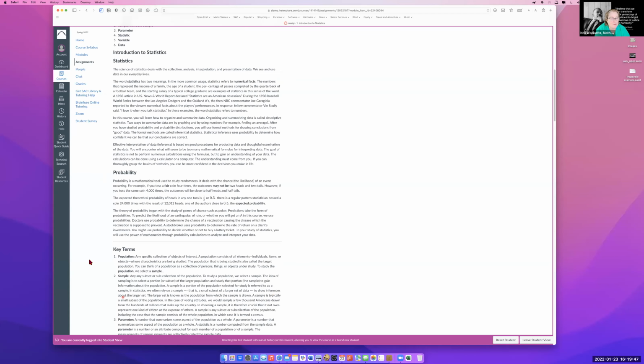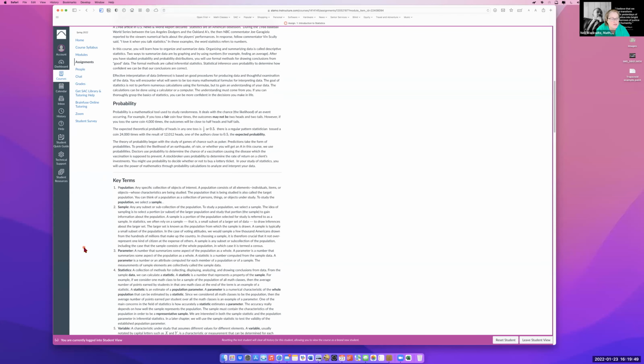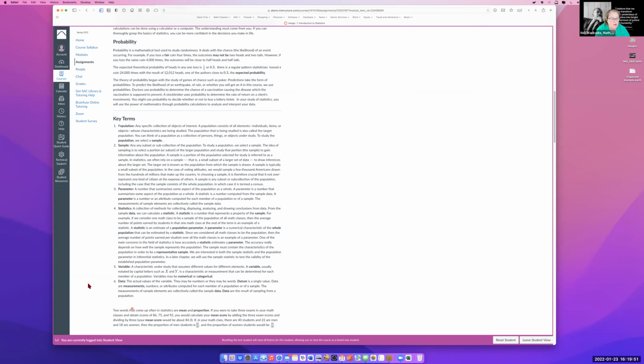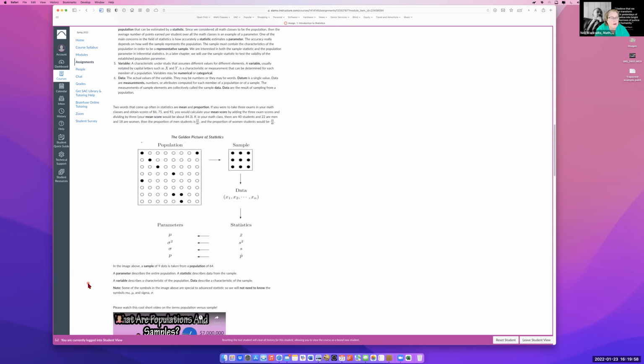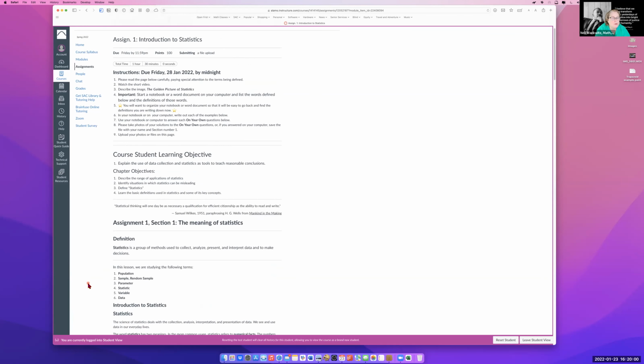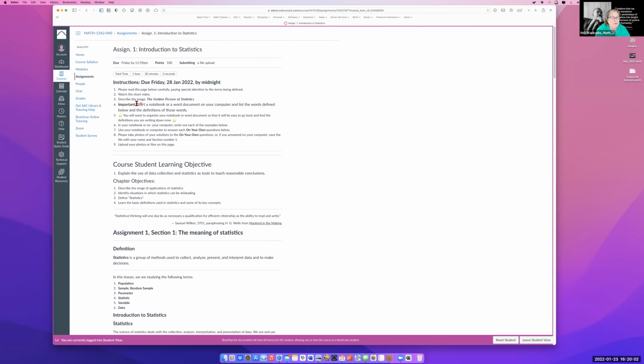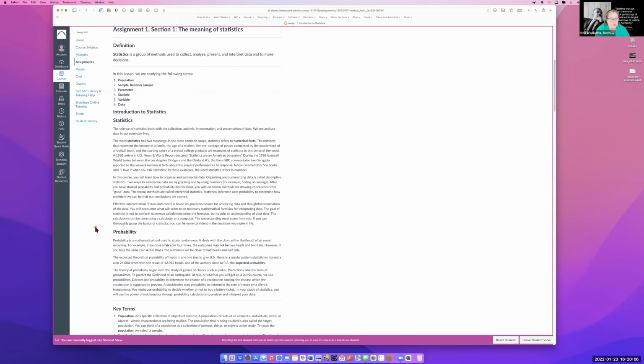So you're going to read over this page. You're going to take notes, especially about these 6 words, so that you have a pretty good idea yourself of what those words mean. And up here I put that I want you to describe the golden picture of statistics. So let's go down and remember what that looked like.